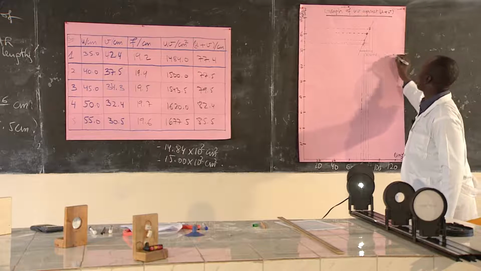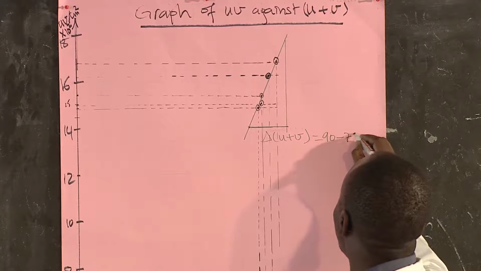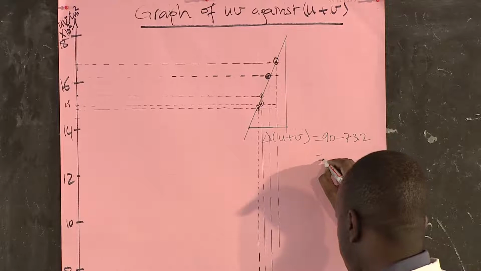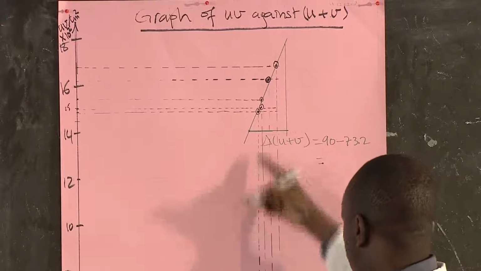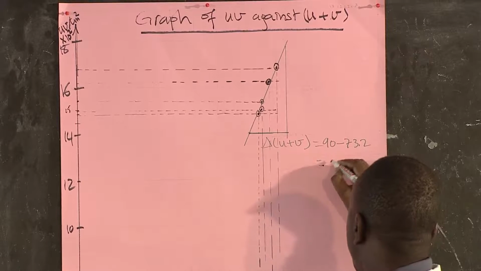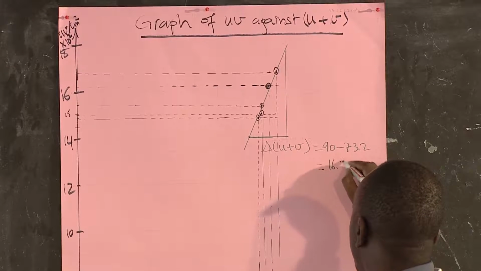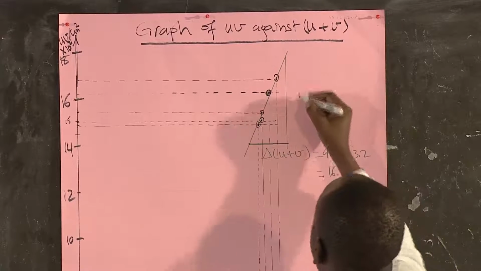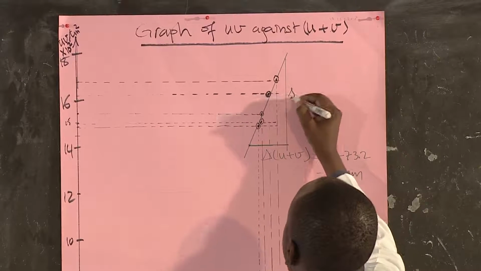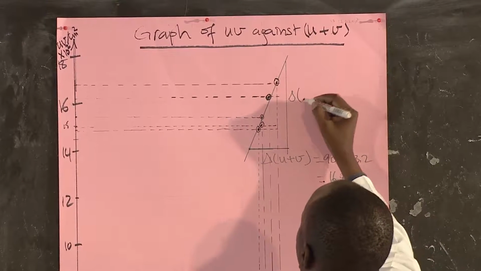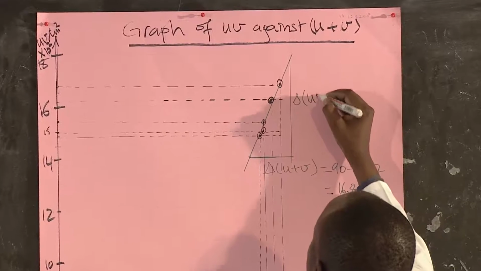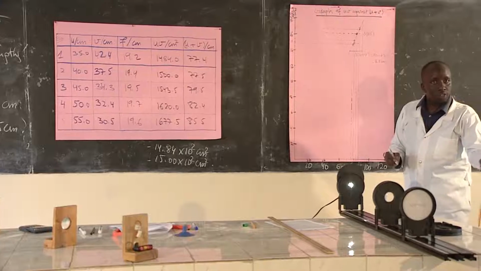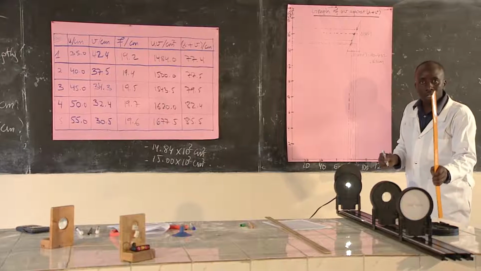So this is going to be minus 73.2, and then here let's find that is 70. Let's find that is equal to 16.80 centimeter. And then here we have, this is the change of V and this one. I hope you see this. Yes, student? Good. Do you see this?